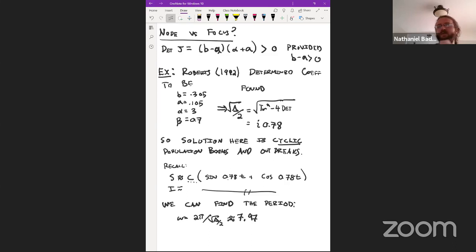So whatever patterns we're noticing, we should see them repeating every 8 years. And that's actually a testable hypothesis. You can go out and check that. That's something that you can give to the ecologists and do something with. Okay, any questions?